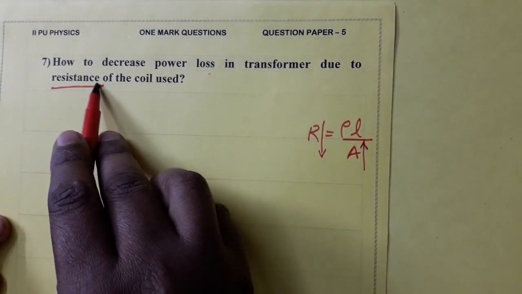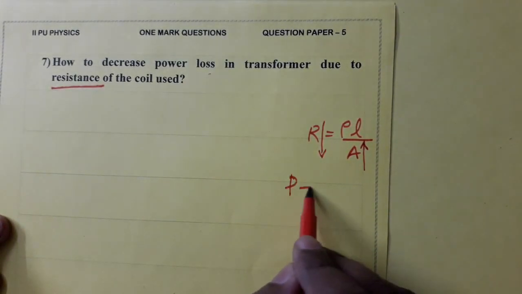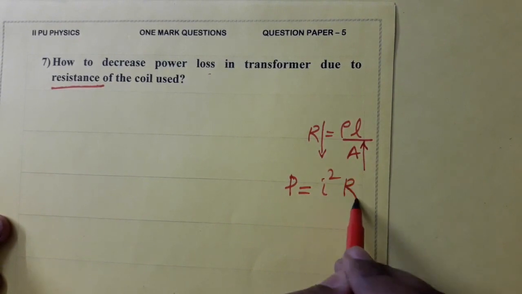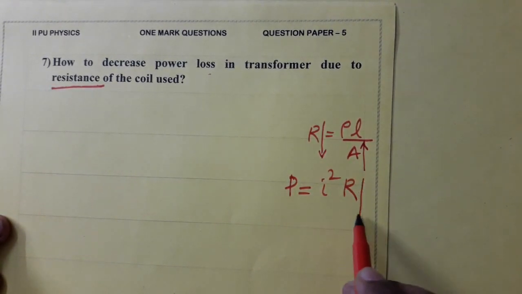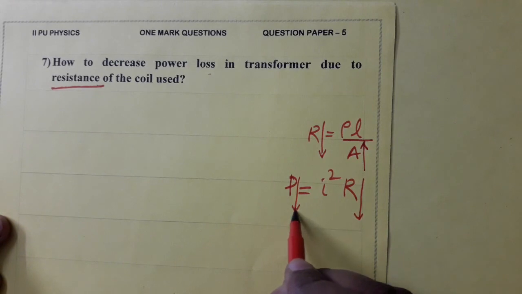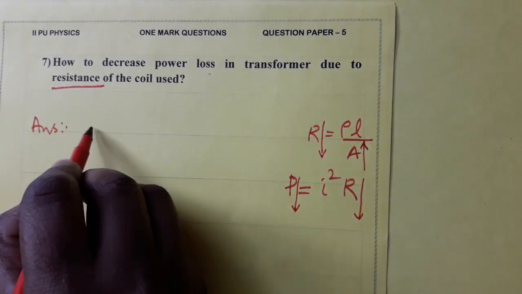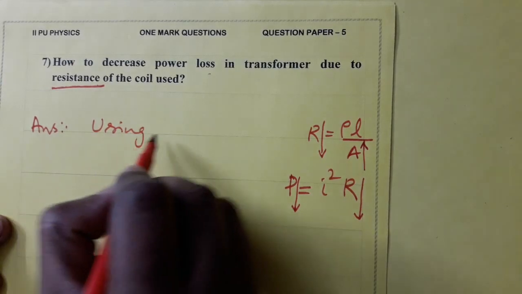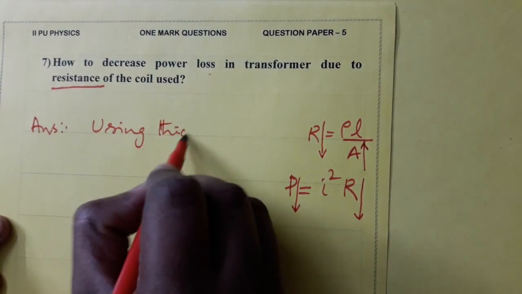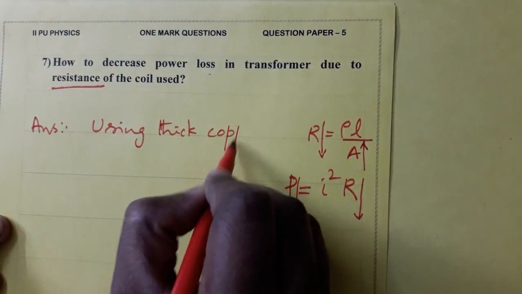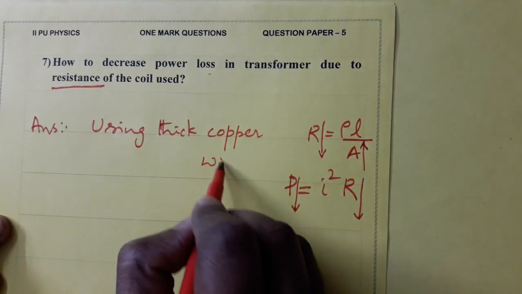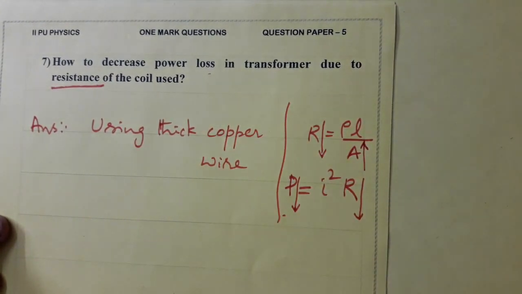If resistance is decreased, then power loss is given by I square R. With the decrease in resistance, power loss can be decreased. Okay, so answer is using thick copper wire.